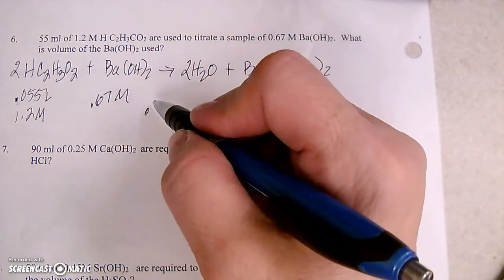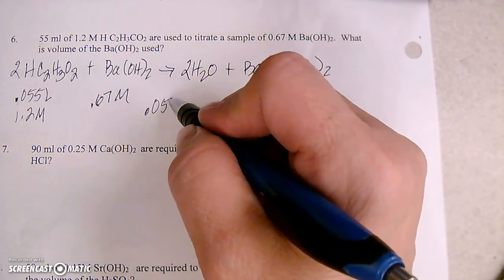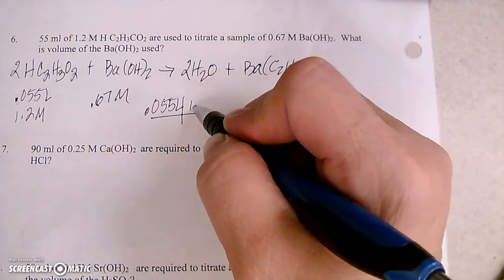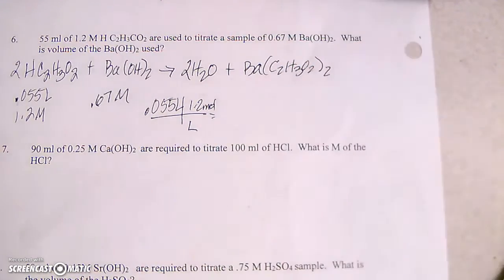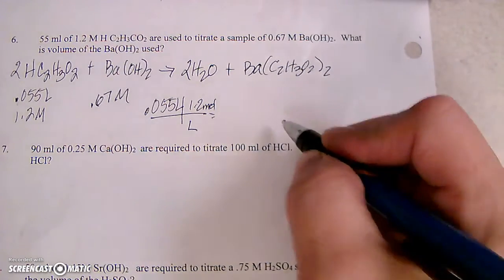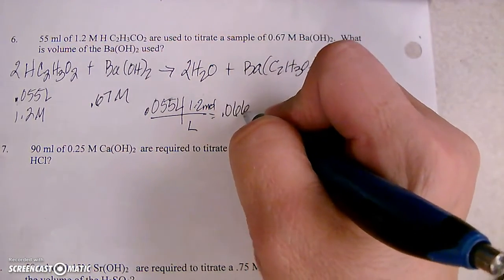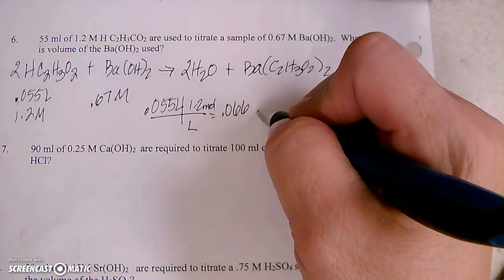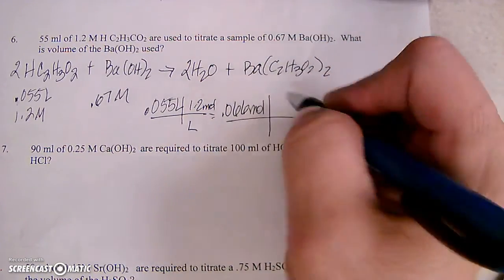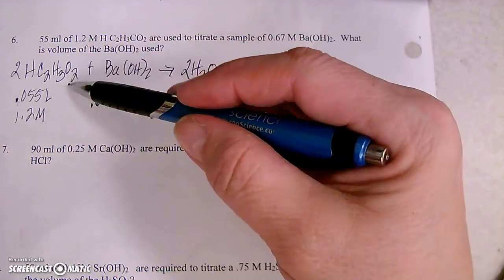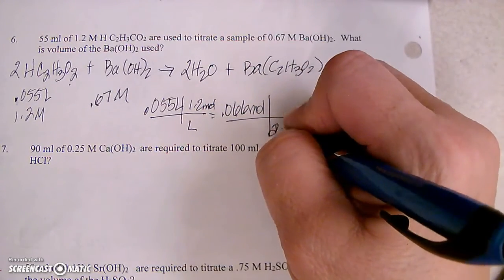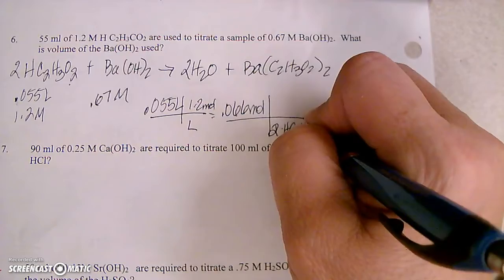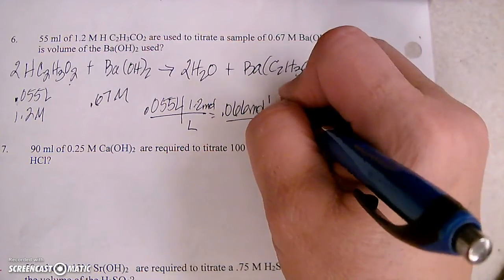So we need to figure out how many moles of vinegar we have. 0.055 liters times 1.2 moles per liter gives us 0.066 moles. Our ratio of acetic acid to barium hydroxide is 2 to 1.